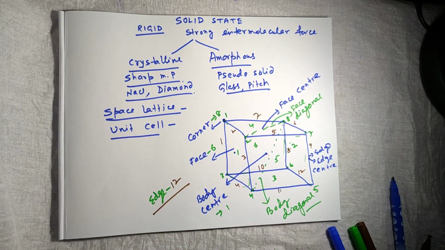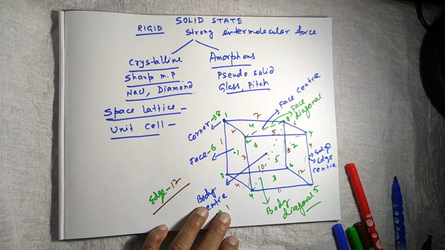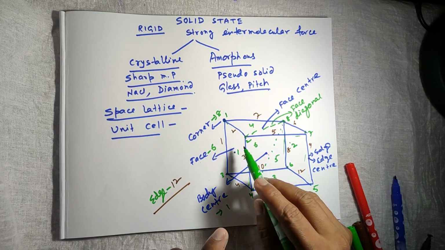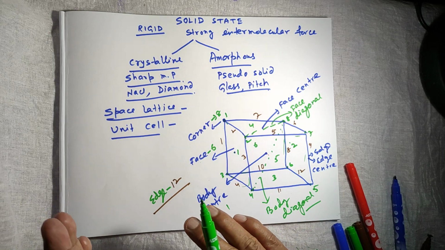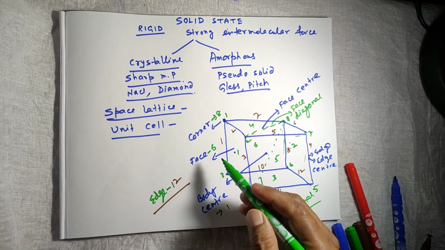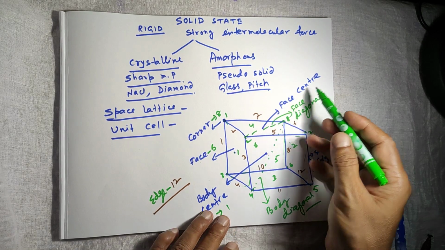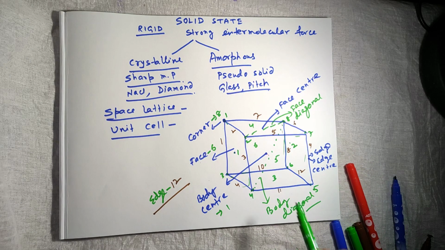And again I am telling you that you have to clear the concept of unit cell. What is a unit cell? There are the number of corners, the number of edges, the face diagonal, face center, body center, and the body diagonal, which is very very important.